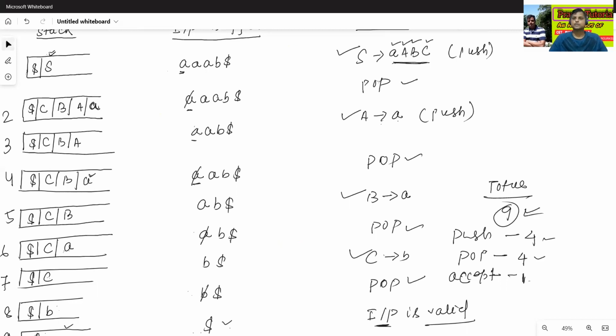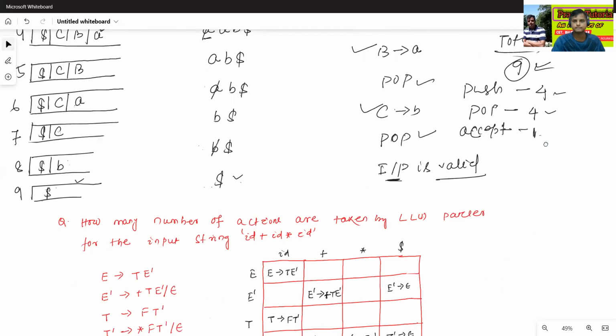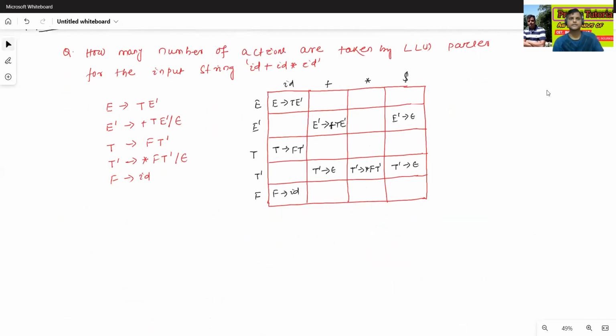Okay. So now we'll see one more example. See how many number of actions. The next question here: how many number of actions are taken by the LL1 parser for the input string, ID plus ID star ID?